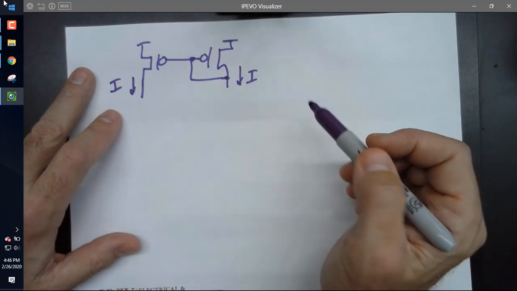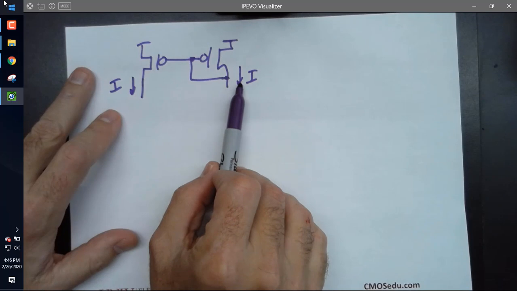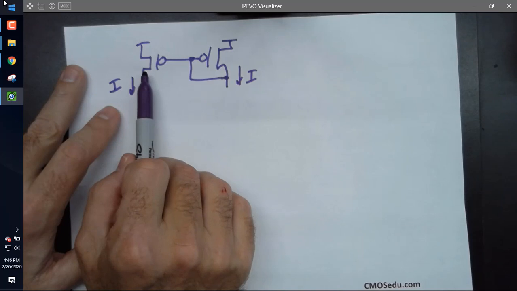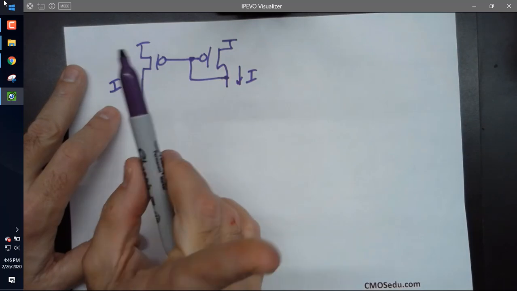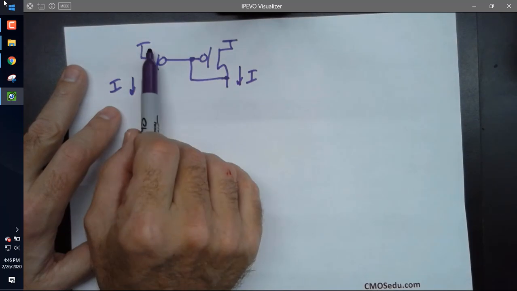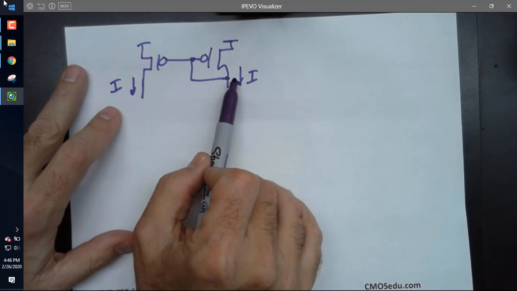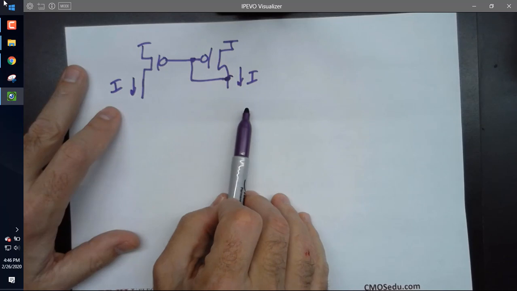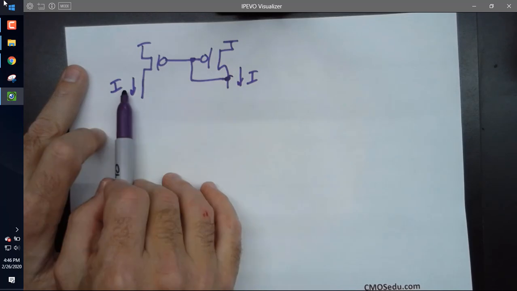Goes down. But I'm telling you this current doesn't change with temperature. How does the current over here change? Okay, so this is the thing I want you to know. When I look at this and I say the current flowing here is constant and doesn't change with temperature, this one doesn't either.